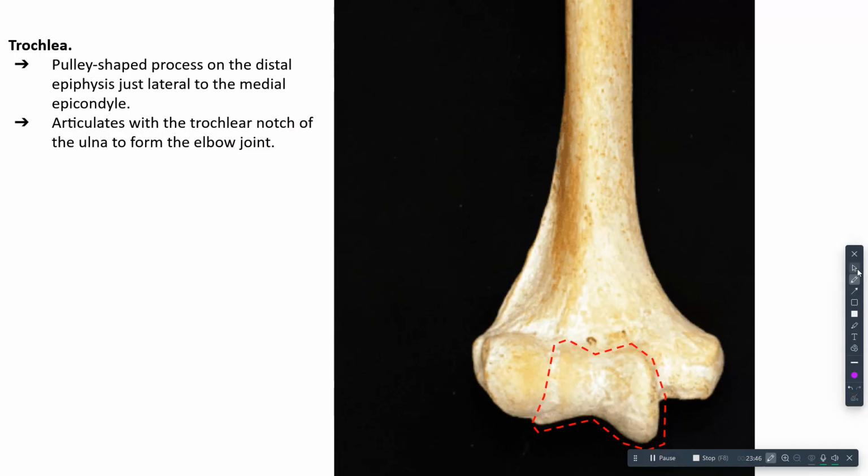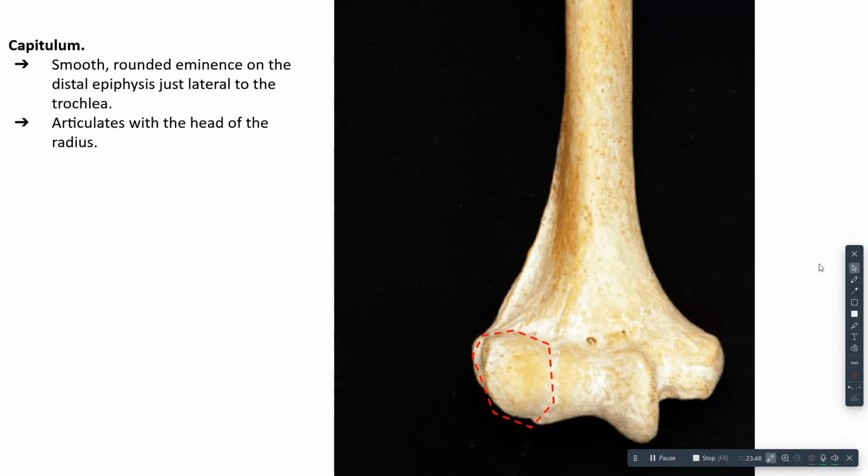All right. If I keep going laterally here, next to my trochlea, I find a round, smooth eminence. This is called the capitulum. Capitulum means little head. And the capitulum is the next one on my journey from medial to lateral. So I found my medial epicondyle right here.